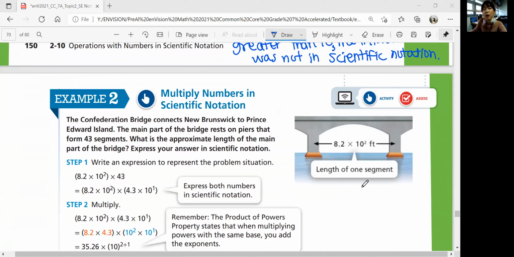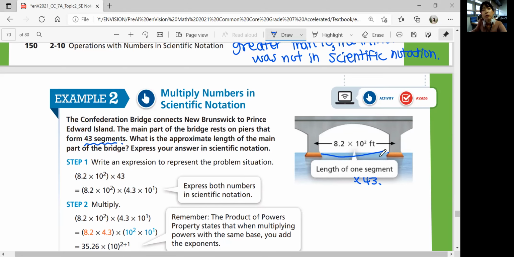Okay, first step, write an expression to represent the problem situation. So this is the length of one segment, right? What's the approximate length of the main part of the bridge? They form 43 segments. So you're going to multiply this by 43. Okay?